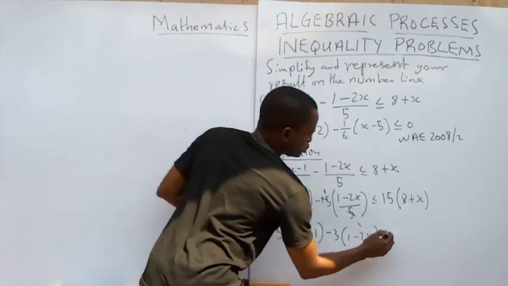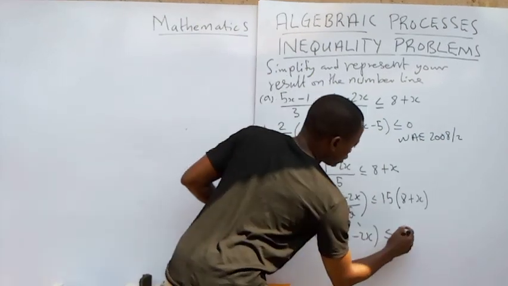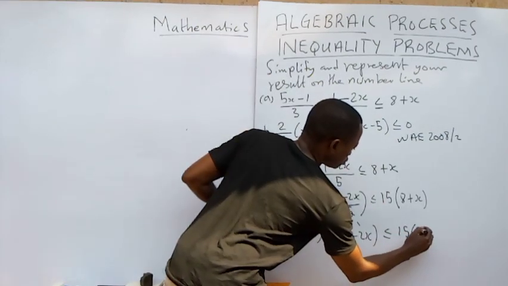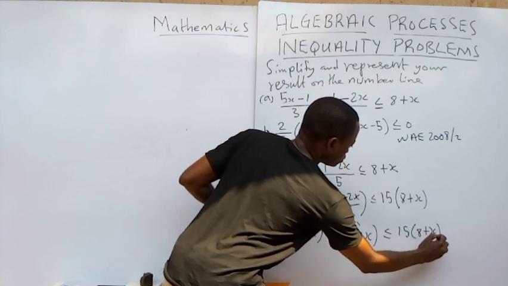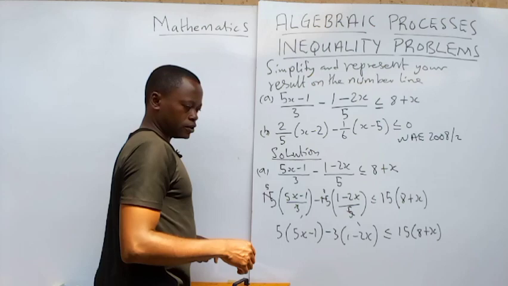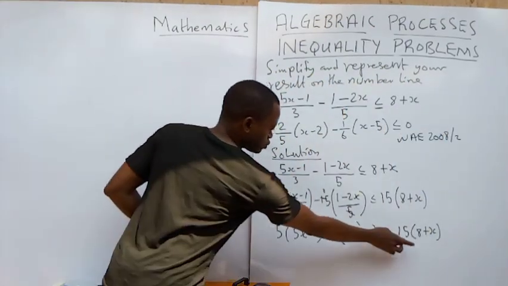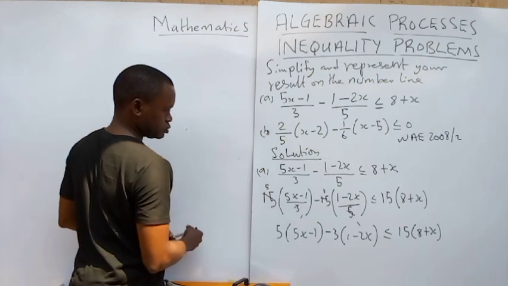All right, and then less than or equal to 15 into 8 plus x. So let me get my calculator so that I can check what this product can give us.